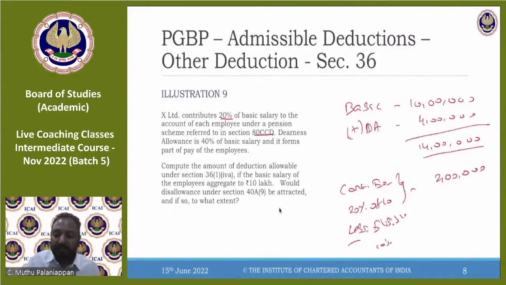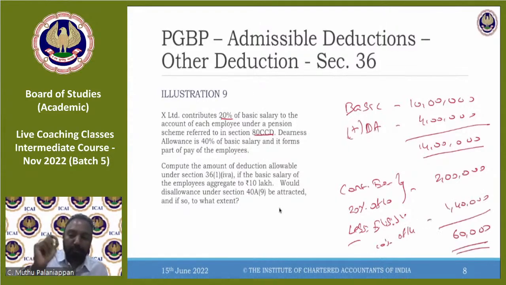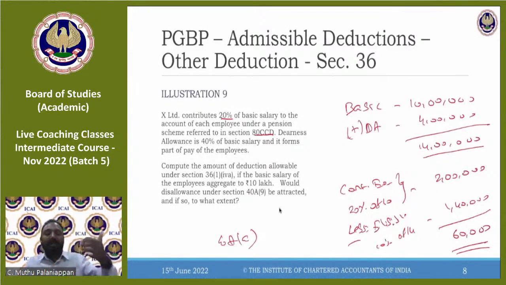That is 14 lakhs into 10%, which is 1,40,000. And then you have 60,000, the excess contribution, which is disallowed under section 40A(9). So 40A(9) will be 60,000 because that is beyond the 10%.